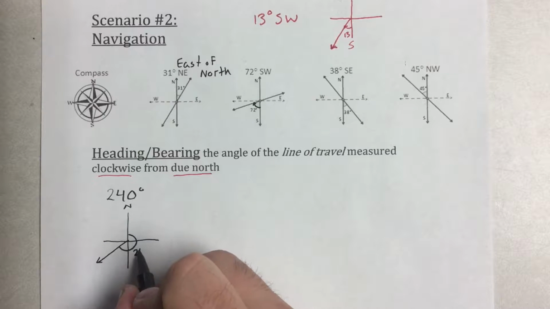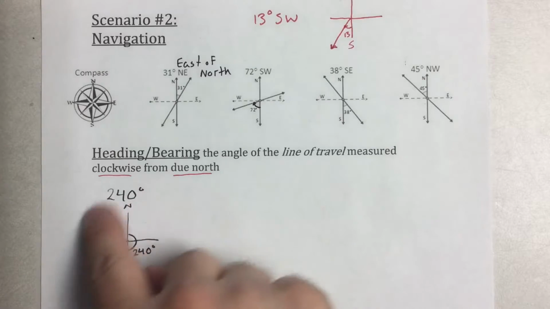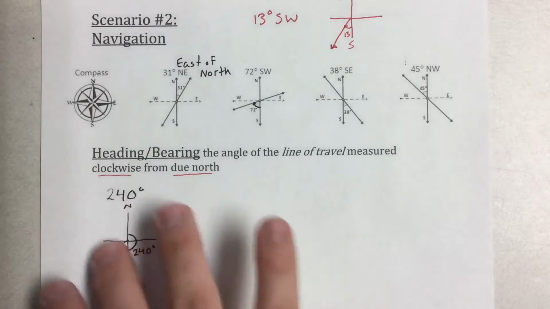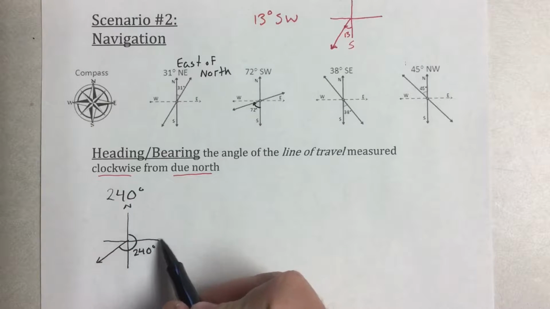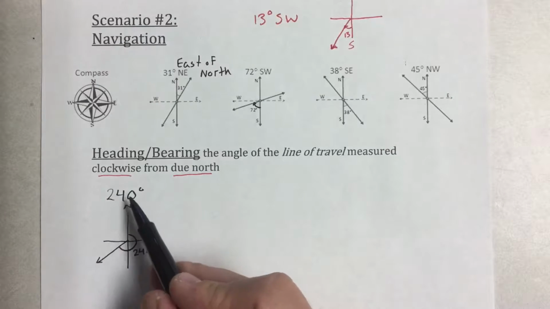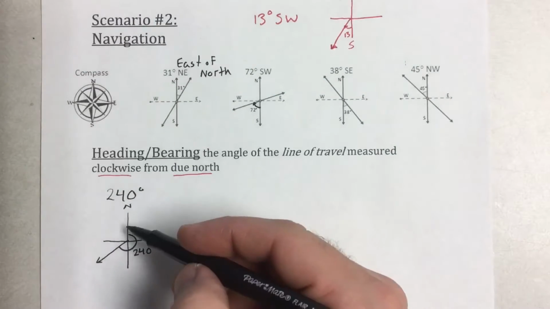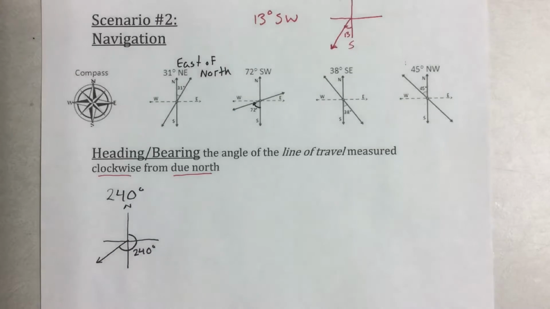So do your best to not get your unit circle measures mixed here. The reason why we're reading the angles differently is because in the unit circle, if you remember, 0 degrees is on the far right, then 90, and then 180. So with bearing, 0 degrees is due north. You're going north if your bearing's 0 degrees.